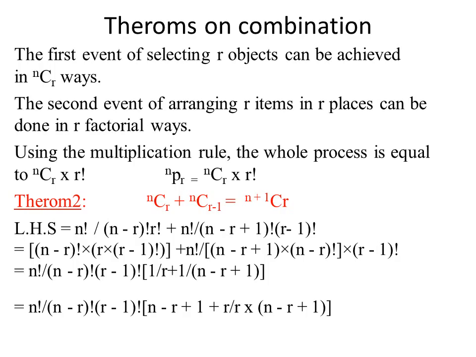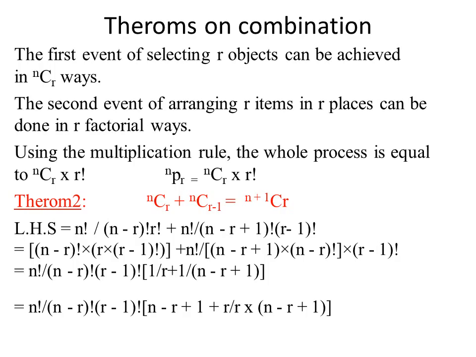Using the multiplication rule, the whole process is equal to nCr into r factorial, that is nPr is equal to nCr into r factorial. This is the proof.